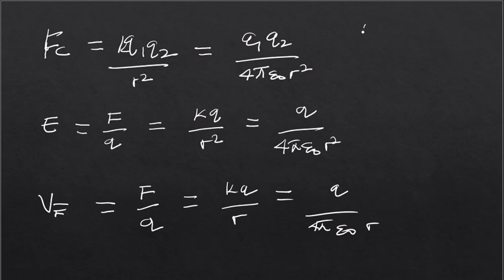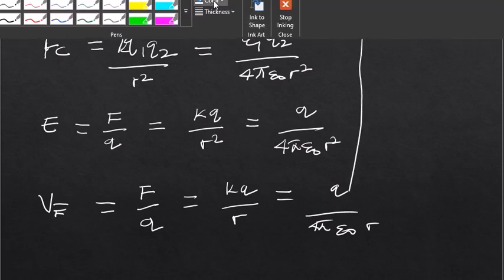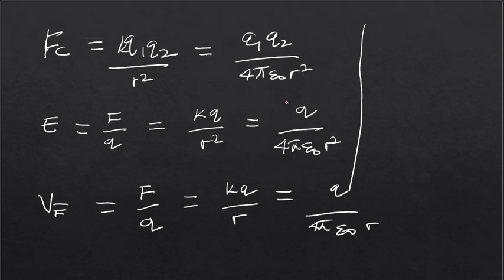Now, it is good for you to note that from here, we also have K equal to 1 over 4 pi permittivity of free space.